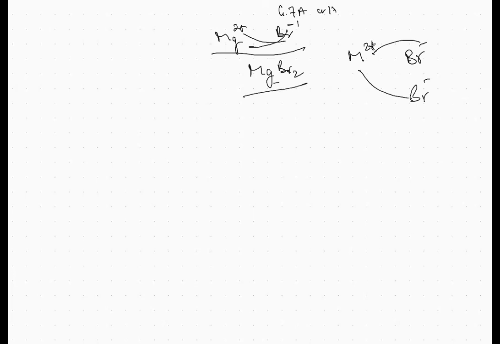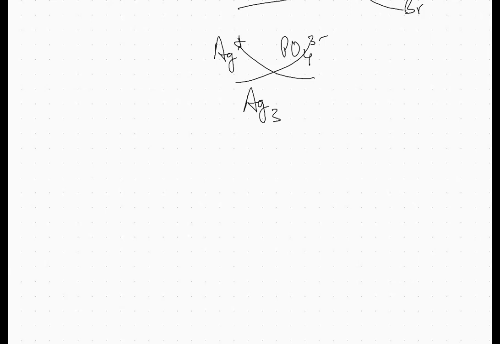The next one: what is the expected formula when silver plus phosphate 3 minus combine? Again, you do the crisscross method. Ag is 1 plus, and phosphate, PO4, is a polyatomic anion, so the charge goes to the entire thing.